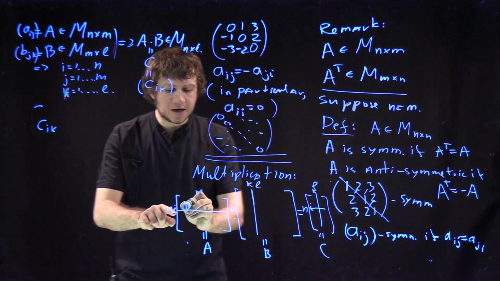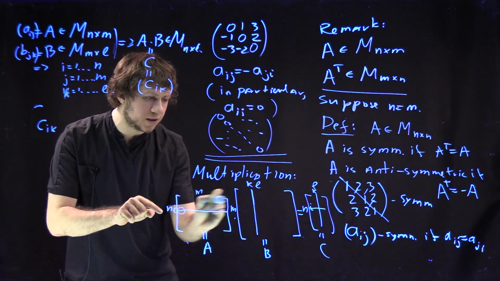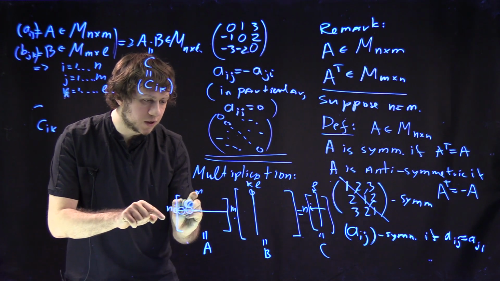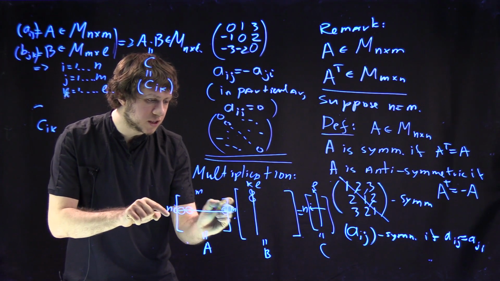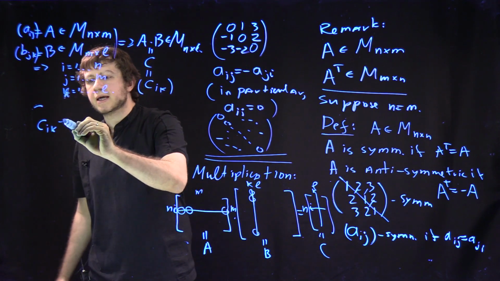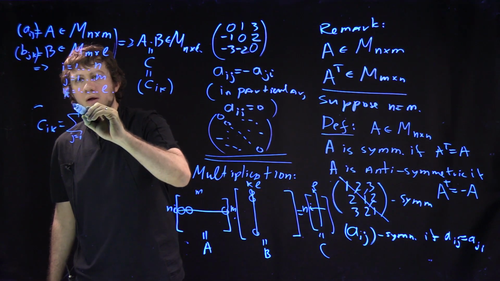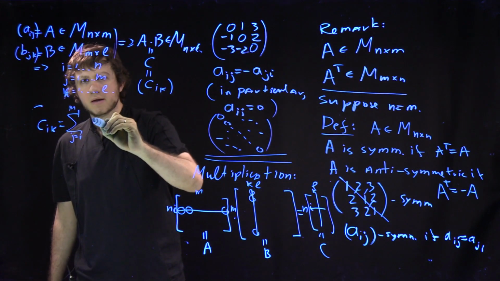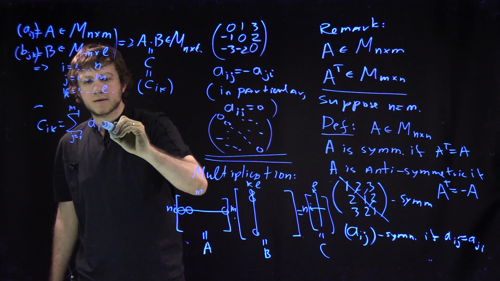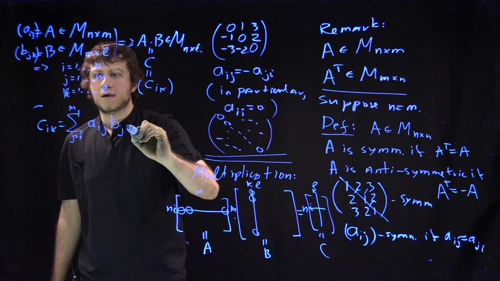And then I start to multiply elements here on elements here, just this one on this one, this one on this one, and so on up to this one on this one. Notice the numbers agree, and sum them up. So C_ik is the sum from j equal 1 to the intermediate index m, A_ij B_jk.